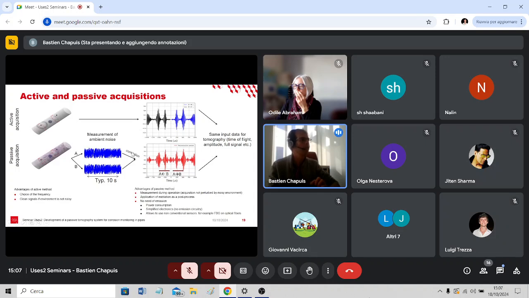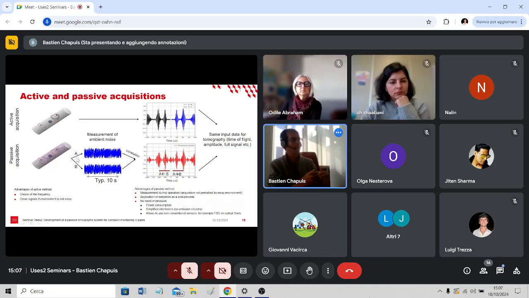You make the correlation between the signal A and B, intercorrelation between A and B. So you consider all the couples, emitter, receiver, separately, and you process sequentially A and B, A and C, A and D, etc., making all the different intercorrelations.